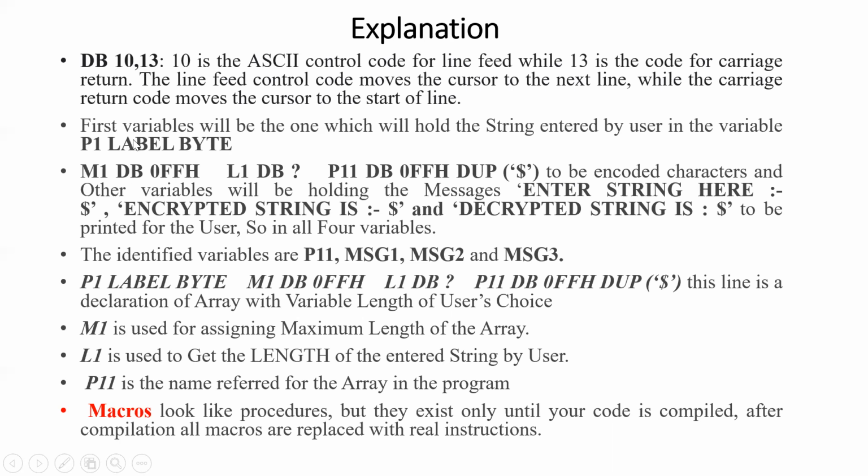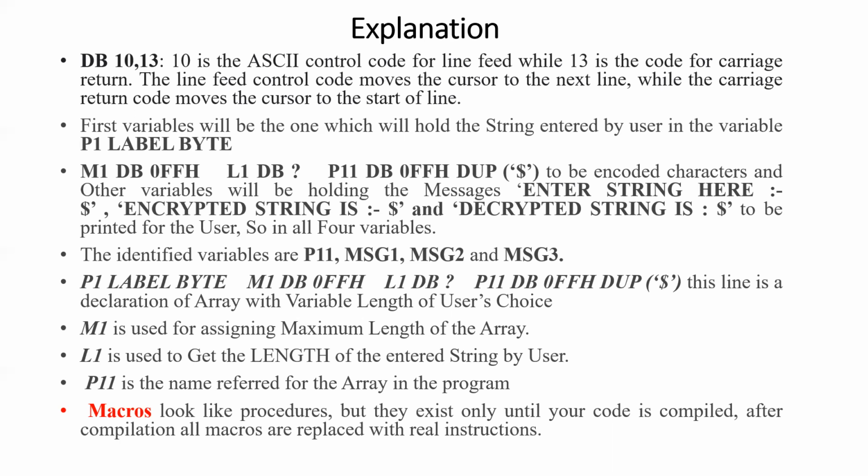Then next is P1 label byte. What exactly does it represent? It's nothing but a variable. P1 defines a variable which holds the string entered by the user. So what exactly is the assembly language program?